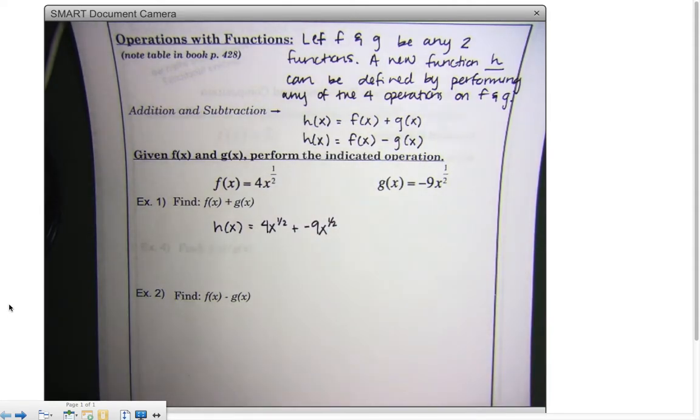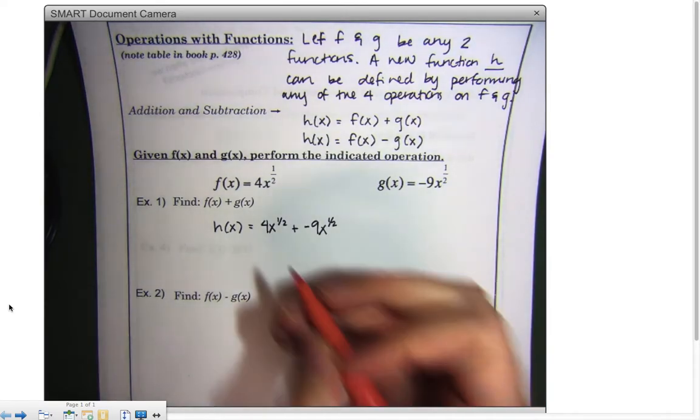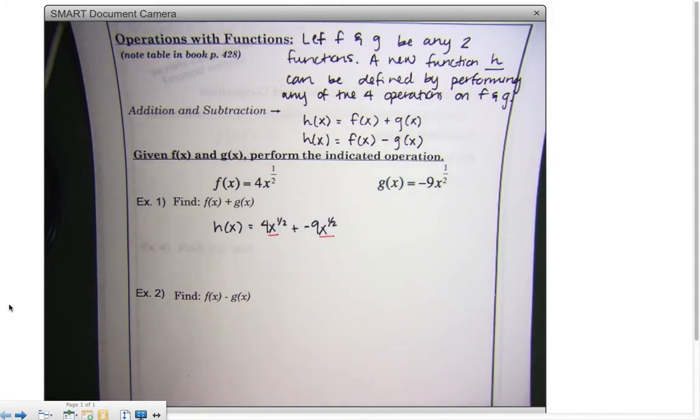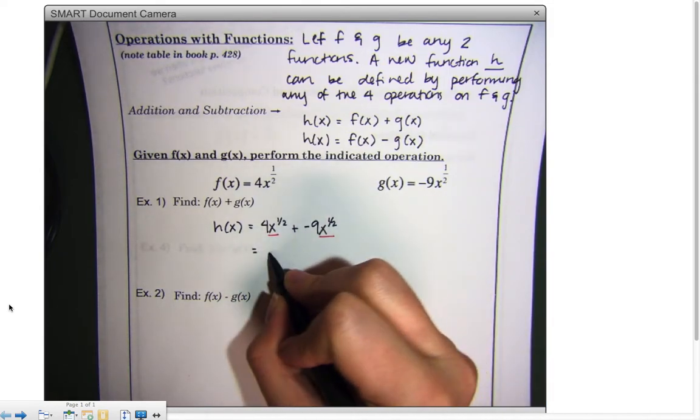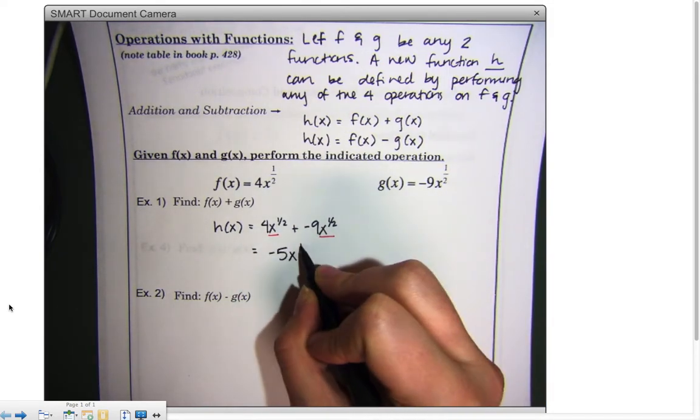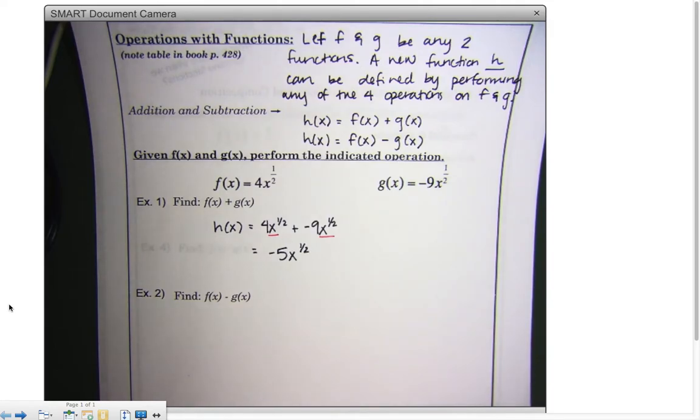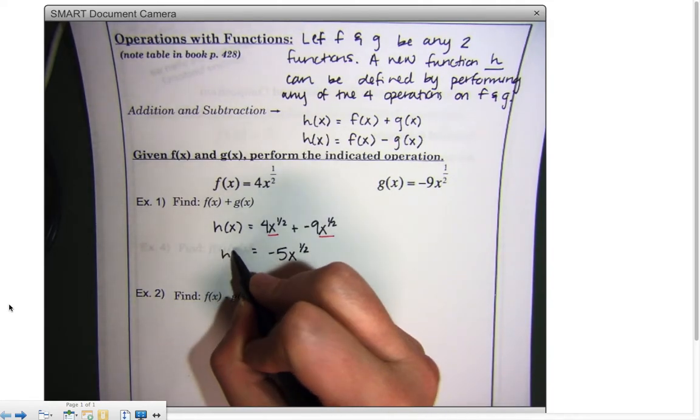Now, just like we were talking about with our properties of exponents, notice that x to the 1/2 is the same thing. So since these are the same, I can just go ahead and add the coefficients. 4 plus a negative 9 is negative 5x to the 1/2. And that's your new h of x.